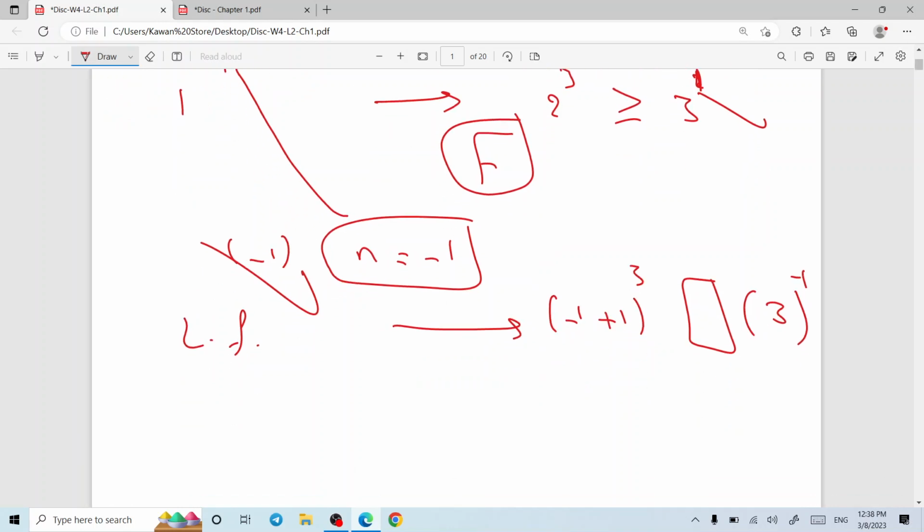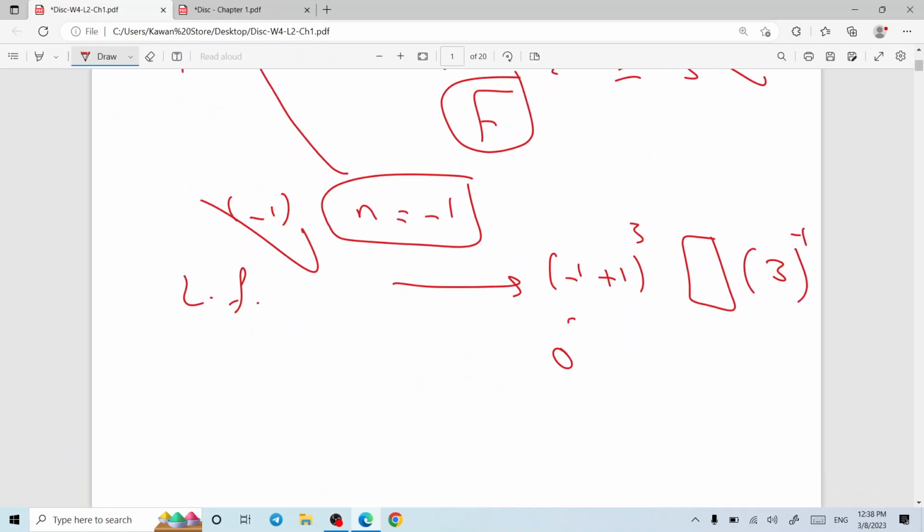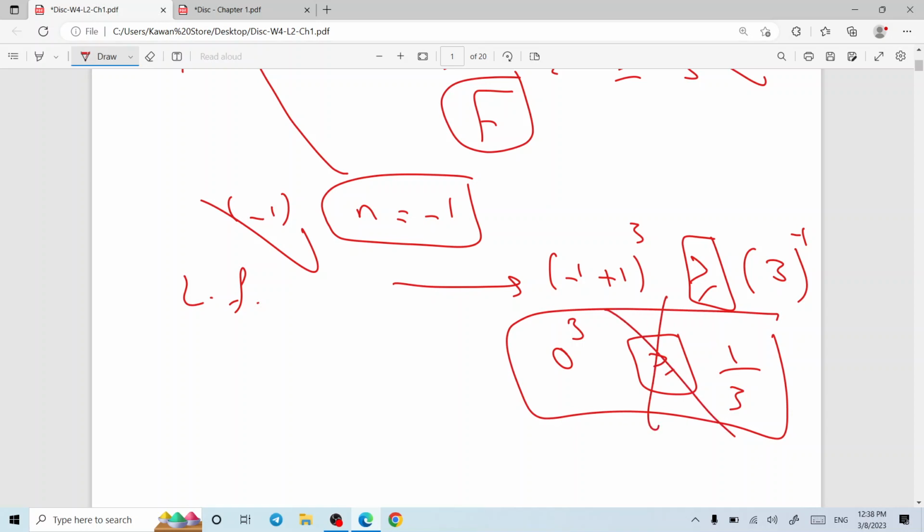I'll get 0 to power 3, and 3 to power minus 1 means 1 over 3. Is that true? No.